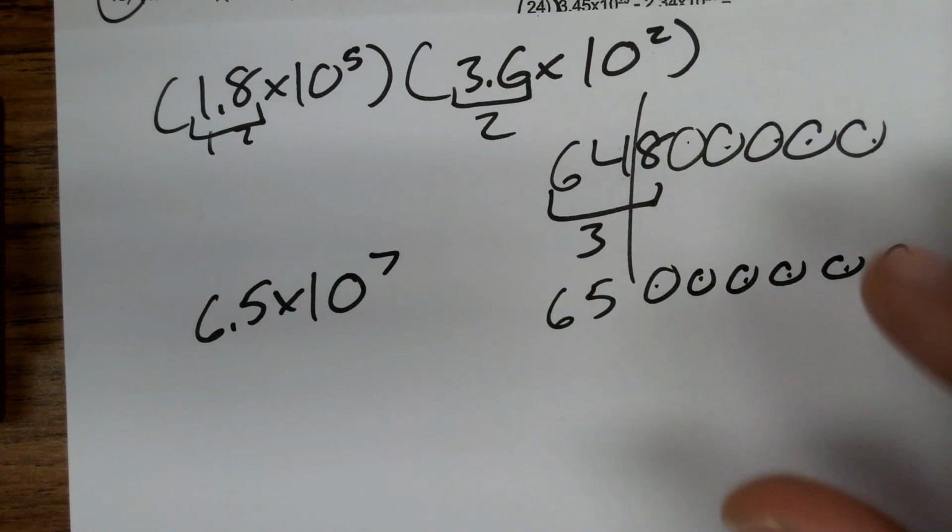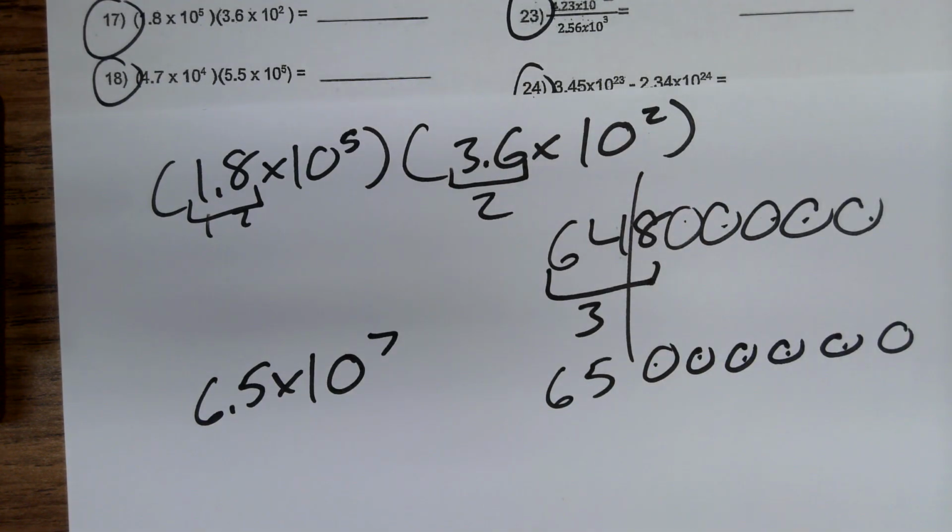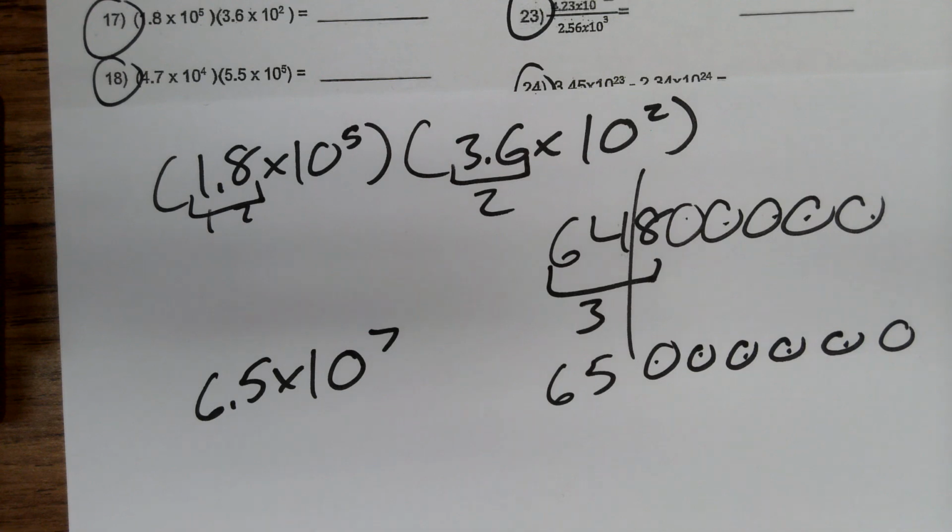I'd like for you to work out number 18 on your whiteboards. I'm sorry, I said 15, I'm mixing numbers up. I want you to write two things on your whiteboards.